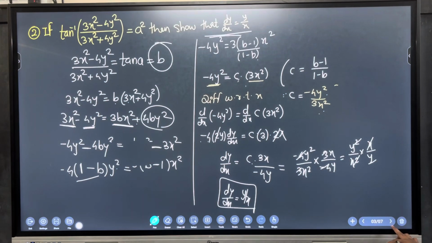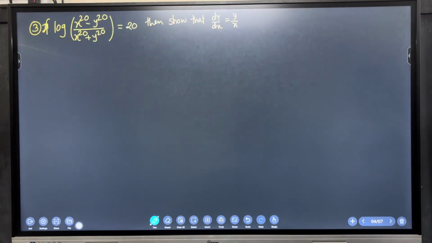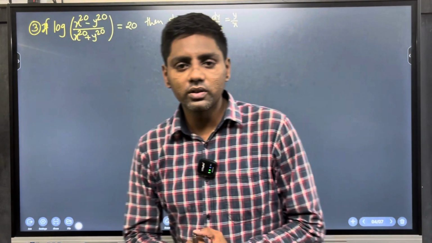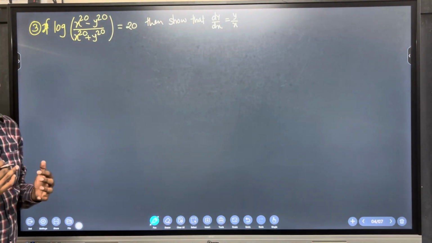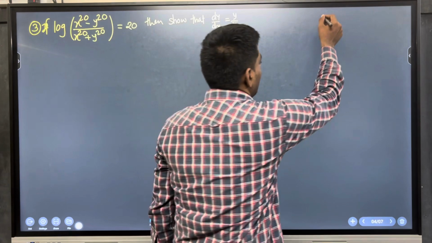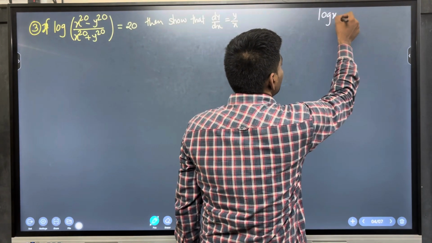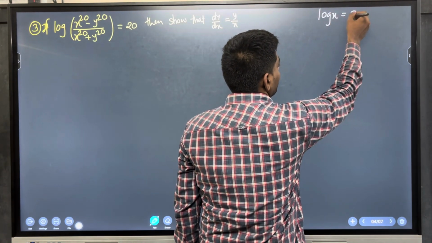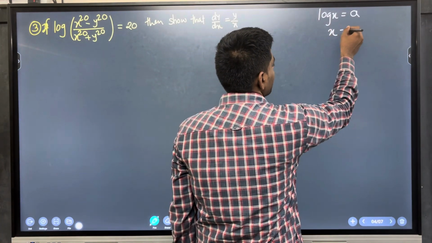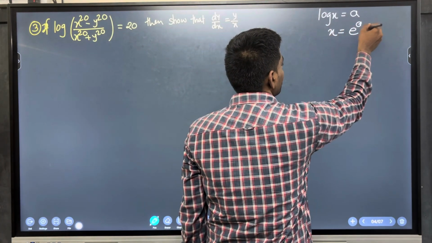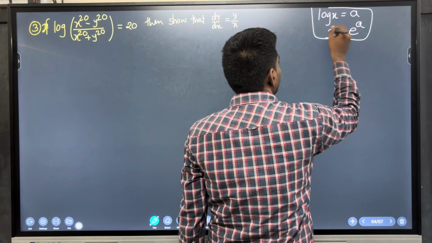So the next question is a very simple question in terms of log. So remember the properties of log: when log of x equal to any constant is given, remember that the value of x equal to e raised to a. So this is the basic property of logarithm.